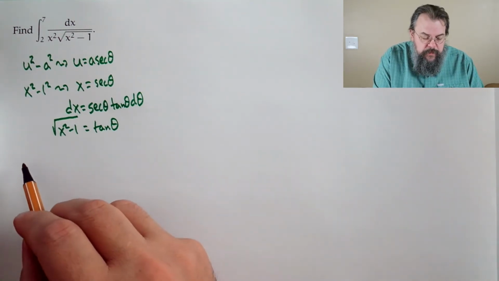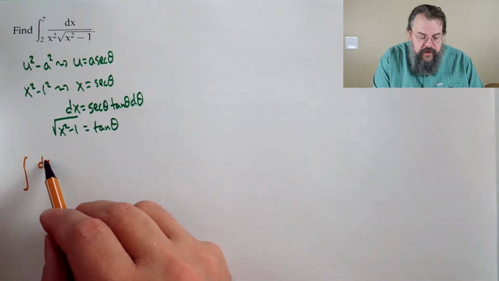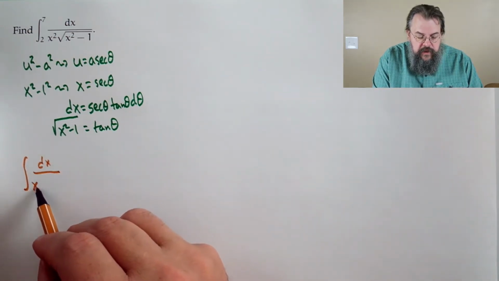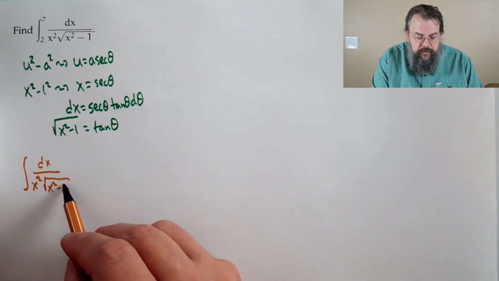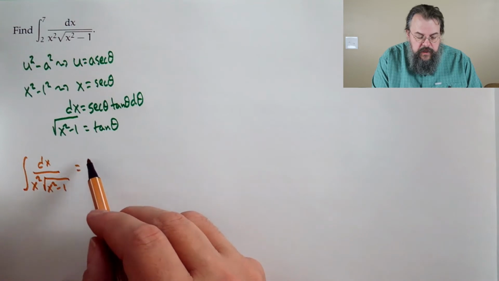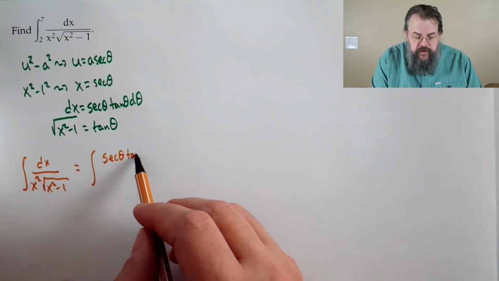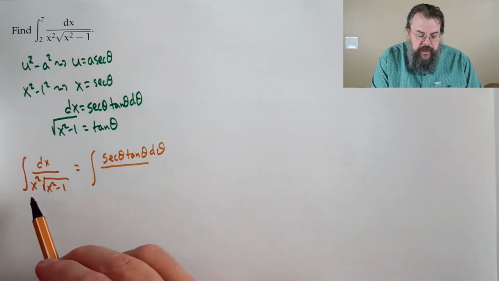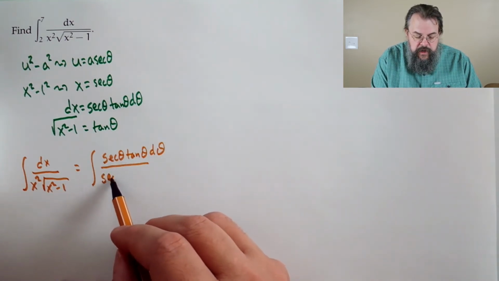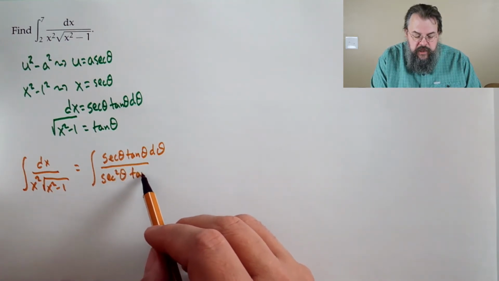Okay, so if we do the indefinite integral first, our integral dx over x squared times the square root of x squared minus 1. Well, the top becomes secant tangent. The bottom, x squared is secant squared, and the square root of x squared minus 1 is tangent.